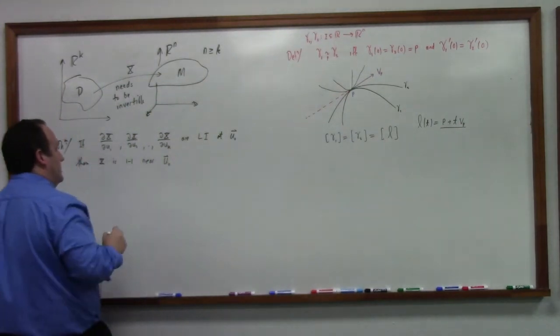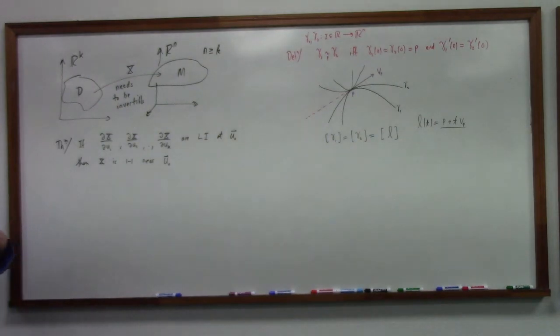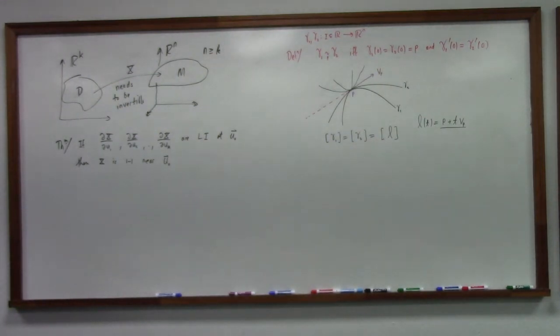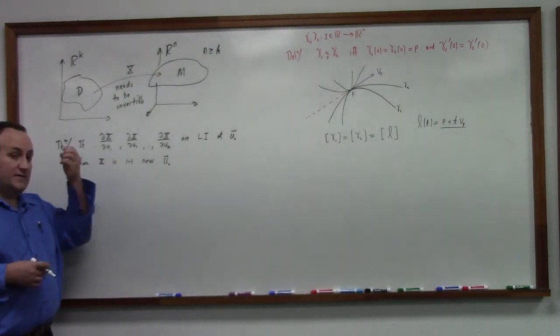Here, I'm assuming that the mapping x is differentiable and has a continuous derivative, so it's once continuously differentiable. If I have that much data, if I have linear independence of all these, then I can invert the map.